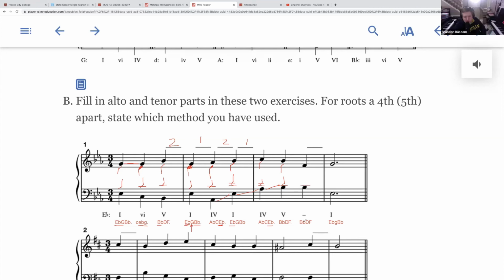We have a B flat and an F. We need a D. Well, the tenor's on the D, so we could stay on the D. But we've run out of room in the alto. So we could double it. I don't know what else to do. Do you? If we go down to the D, the alto and the tenor are sharing. I don't know that that's horrible. But I think this works as well, right?